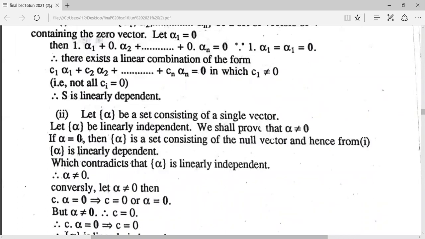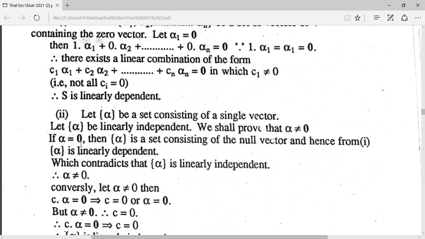Suppose alpha is 0. Then the set alpha is a set consisting of a null vector. If alpha is 0, it is a zero vector, remember. Generally we denote it by O or 0. If it is two-dimensional, it is (0, 0). If it is three-dimensional, (0, 0, 0).